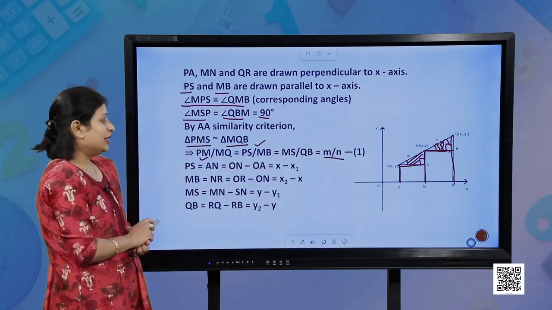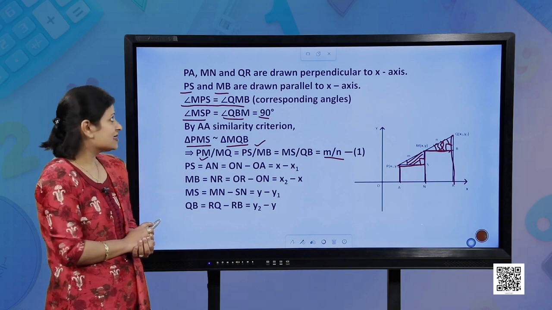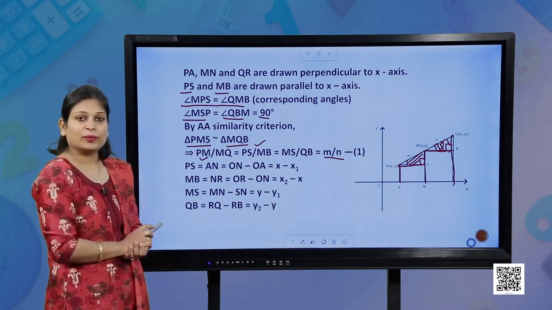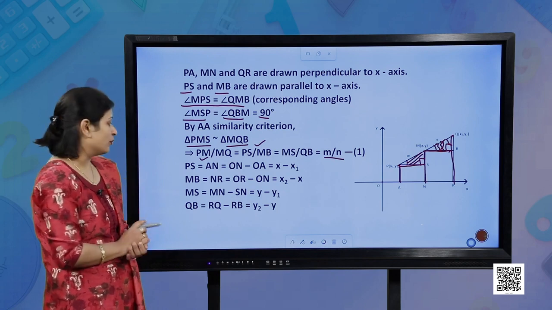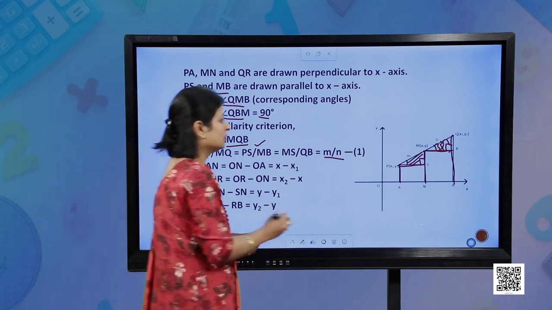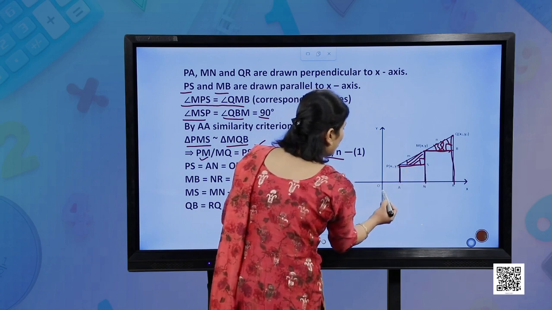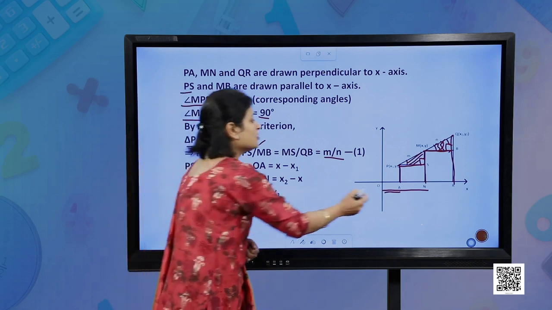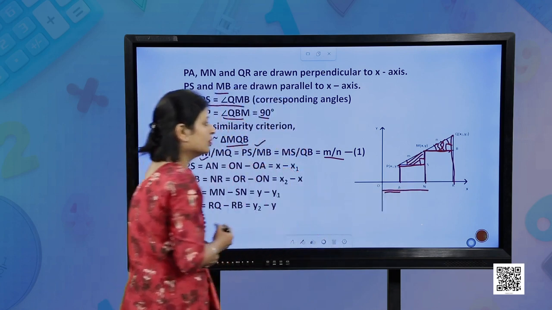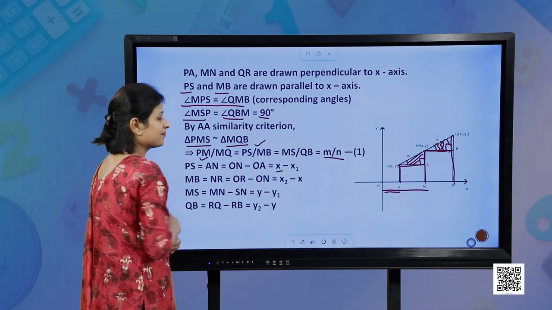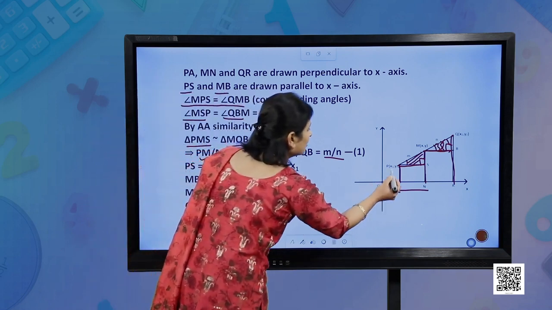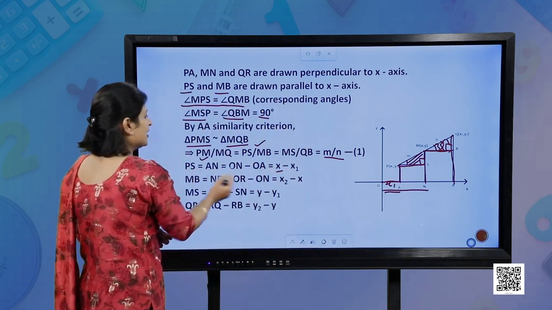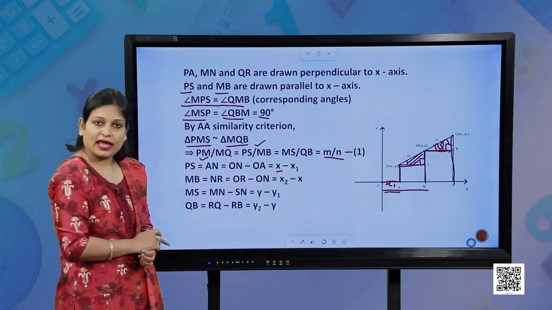Now, I need to find the values of PS, MB, MS and QB. How will you find them? PS is ON minus OA. ON is x in total and OA is x1, so you will get PS as x minus x1.